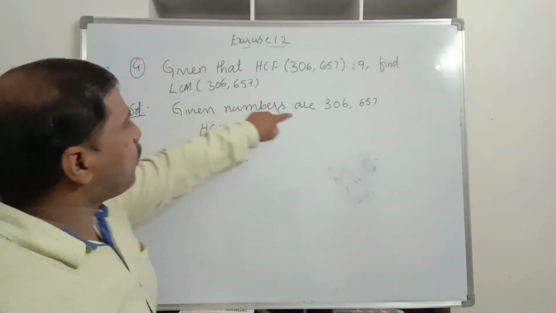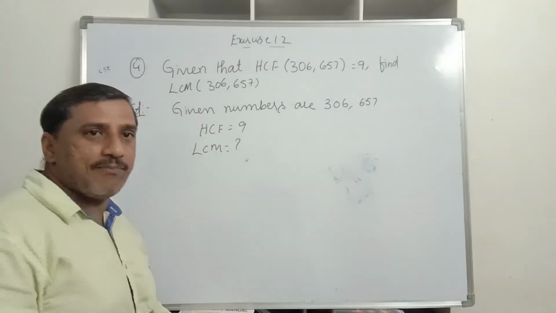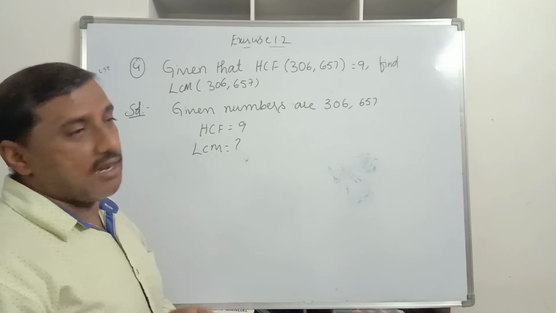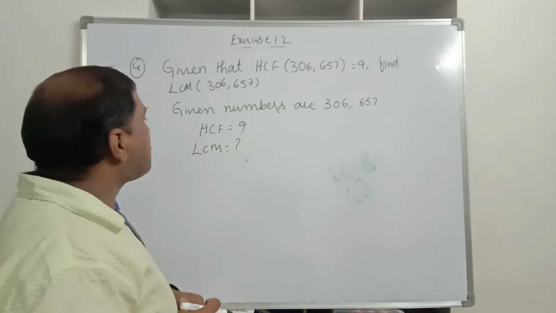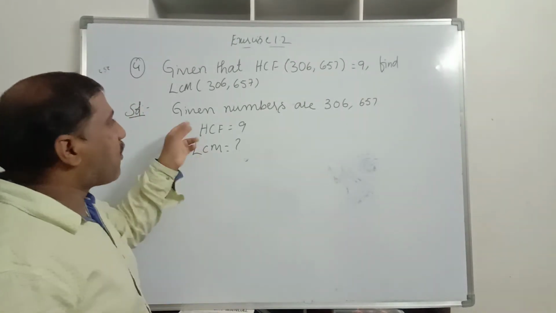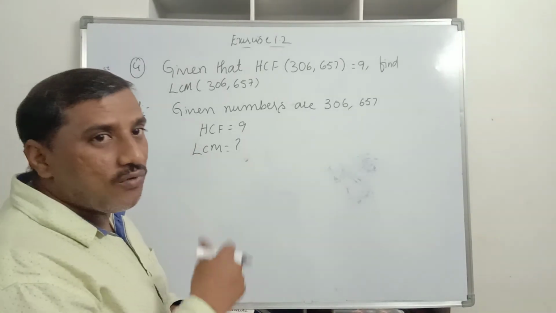So we know the two numbers 306 and 657, and they are asking you to find the LCM. LCM we can find by using the prime factorization method, but HCF is given, 9 is given. So use HCF equal to 9 and find the LCM. There is a relationship between the product of two numbers and the product of HCF and LCM. What is that relationship?